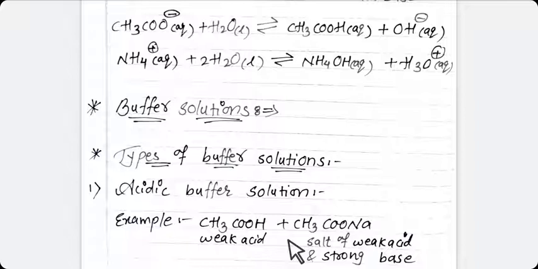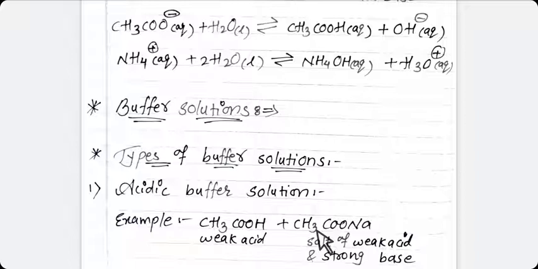Here we are using the weak acid, acetic acid, and the salt sodium acetate. Sodium acetate is the salt made by the weak acid, acetic acid, and the strong base NaOH.